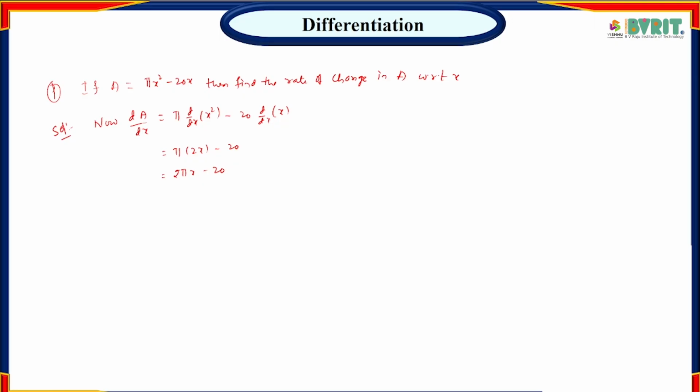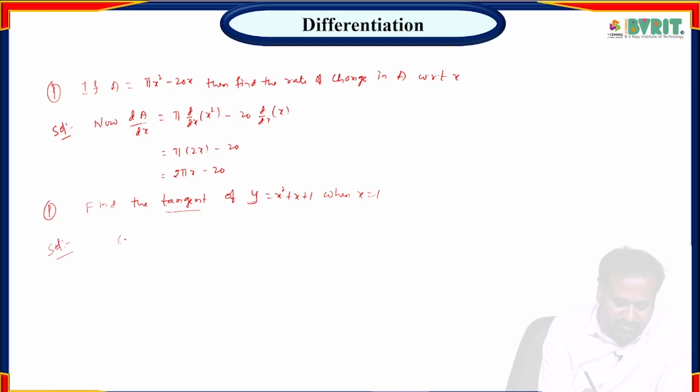Let me take one application oriented problem. Find the tangent of y is equal to x square plus x plus 1 when x is equal to 1. So here tangent is nothing but the tangent line equation we need to calculate.